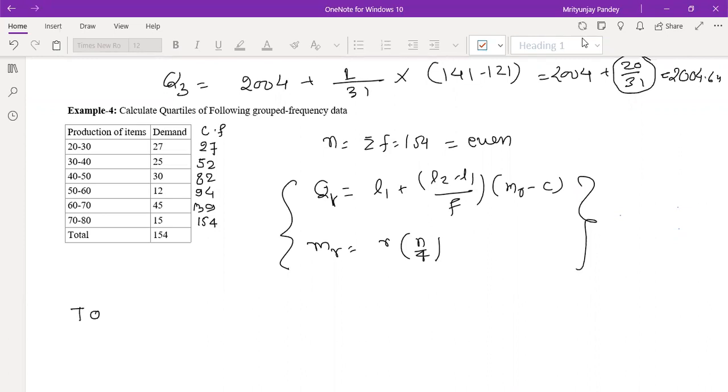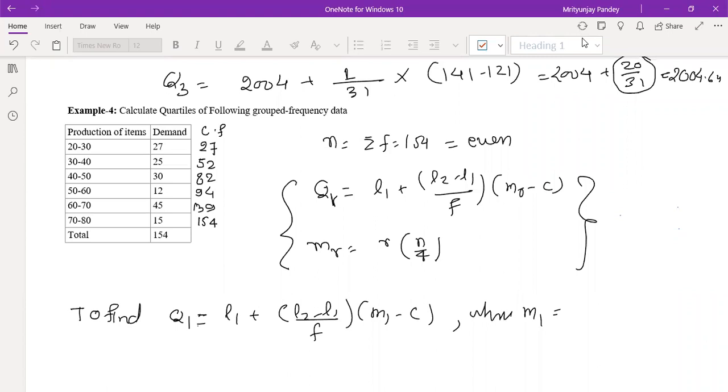So first of all, if you want to find Q1, then the formula of Q1 is L1 plus L2 minus L1 divided by F into M1 minus C, where M1 equal to N by 4, and N is 154, so 154 by 4.